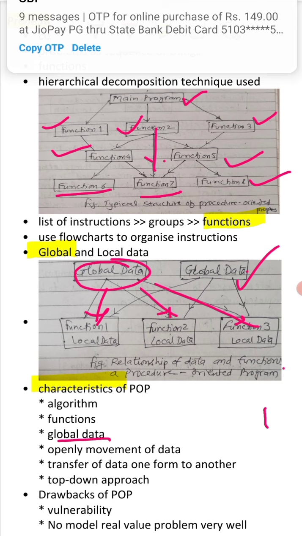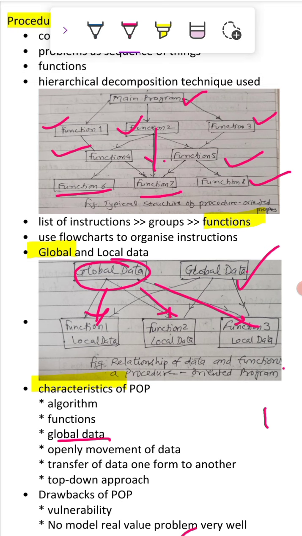And the second one is that it does not model real world problems very well. This is because functions are action oriented and do not really correspond to the elements of the problem.